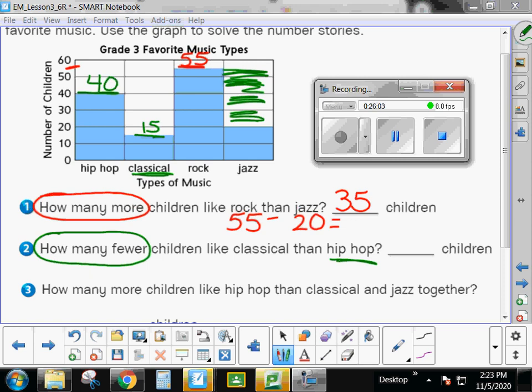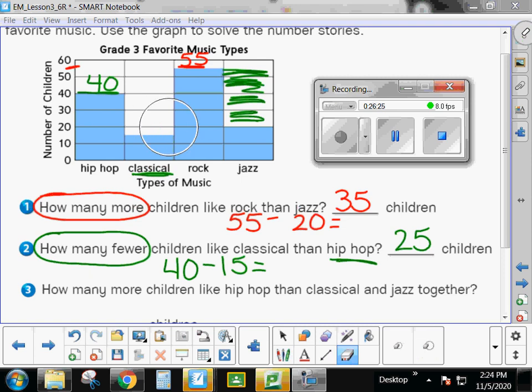I'm comparing, so I can do a subtraction problem. 40 minus 15. When I do 40 minus 15, go ahead and pause the video, see if you can get that figured out. And you should come up with 25. If I want to check myself on the bar graph, I know that there's 10, 20, and half of a bar would be 5.